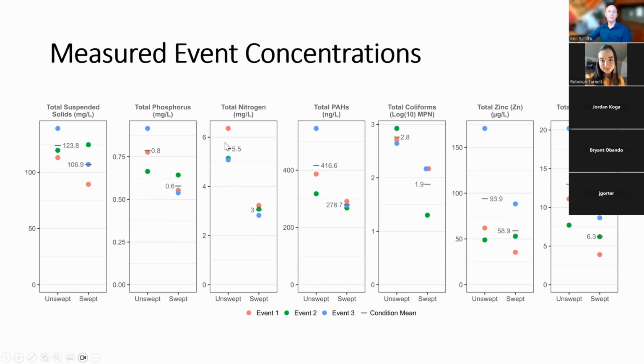So you were going from 5.5 milligrams per liter on average to 3 milligrams per liter, just based on the street sweeping, a single pass, after at least 2 weeks of antecedent dry period. And you can see pretty much for all of these pollutants, the swept side is consistently lower in concentration or load compared to the unswept part.